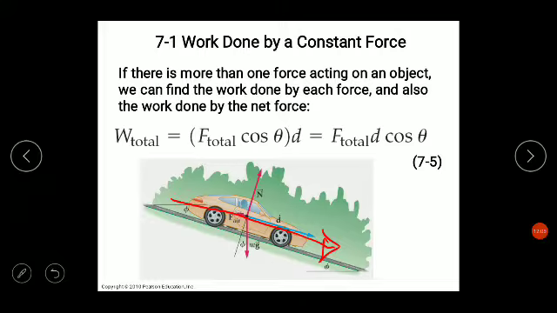Anyways, you're just going to take the total force acting on the system, then you have there the displacement multiplied by that particular force, or if the force needs to be decomposed into its components to get the force parallel to the displacement, then you apply this identity.